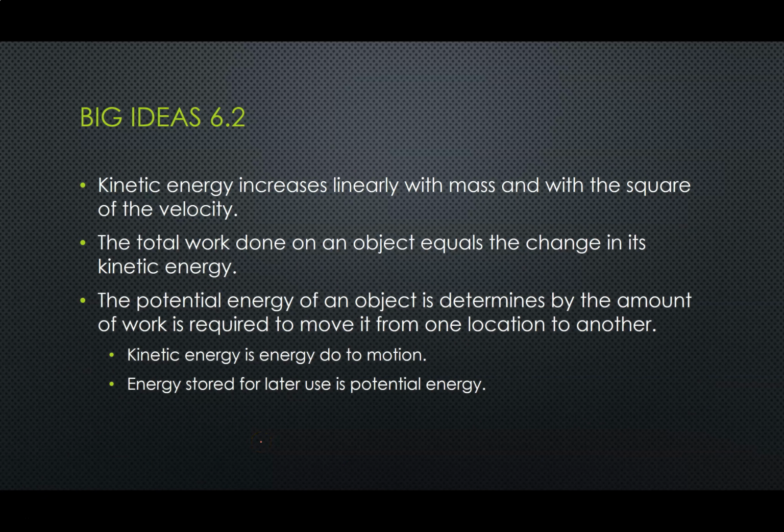Right? So this brings us into what's going on a little bit more with kinetic energy and potential energy. Kinetic energy increases linearly with mass and the square of velocity. Kinetic energy was equal to 1/2 mv squared. For every small change in mass, we get a similar small change in kinetic energy.